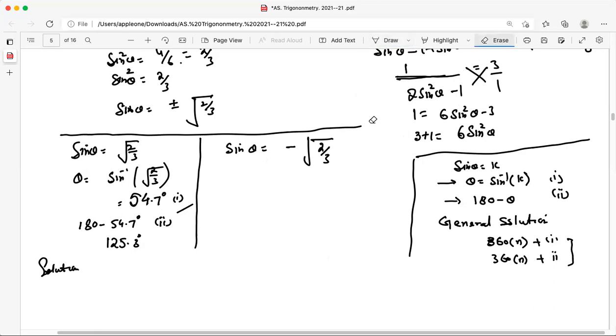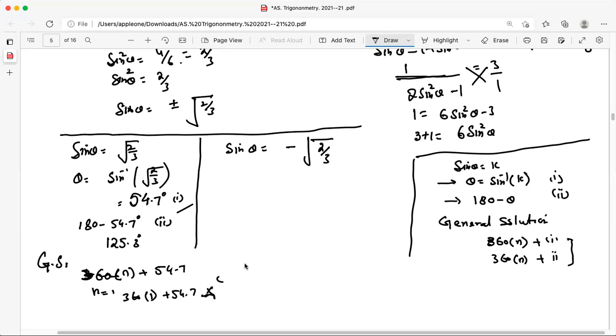General solutions: 360n plus 54.7. Now if n is 1, it's 360 into 1 plus 54.7, beyond the limit, beyond the range given to us. So we cannot take this result. So this is not the answer.